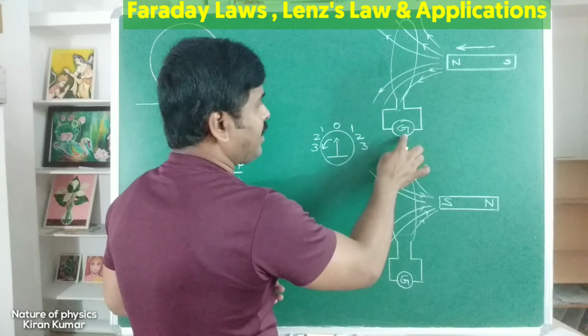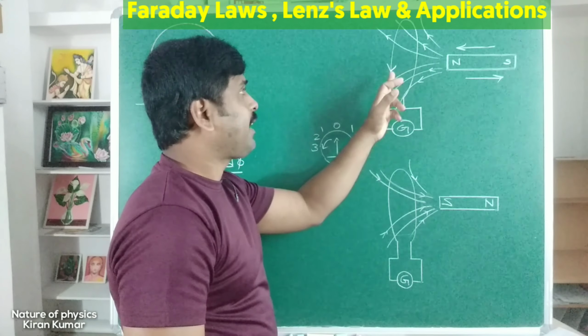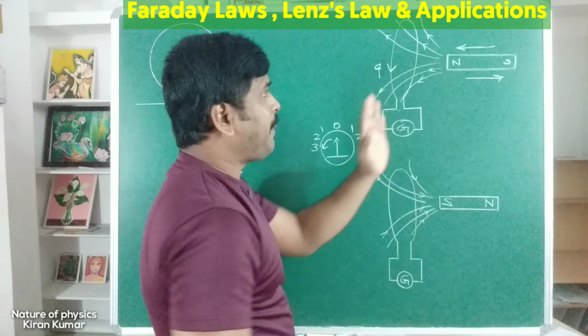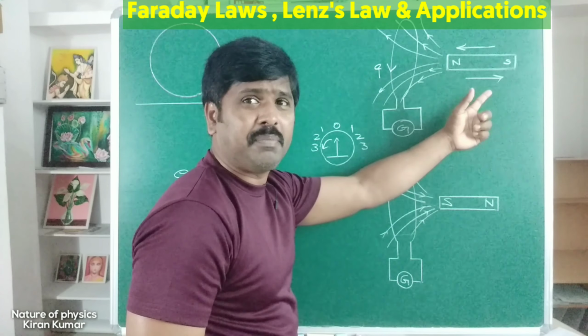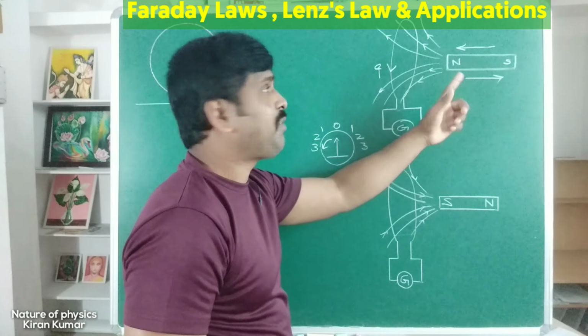Here the induced current is in the anti-clockwise direction. When the magnet, that is the north pole, is moving towards the coil, the current direction is anti-clockwise. If the magnet is moving away from the coil, that is a decreasing magnetic field, it produces the induced current in the clockwise direction.